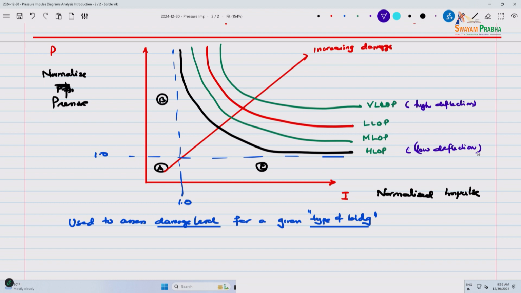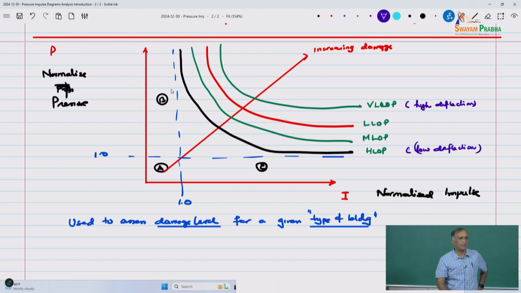And remember, A is no damage. These are all in this region of B. As you keep increasing pressure, if the impulse is low, increasing pressure is not going to change its damage level. Impulse being low means the time duration keeps coming down as the pressure goes up.